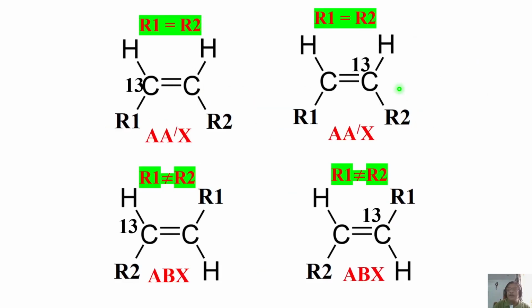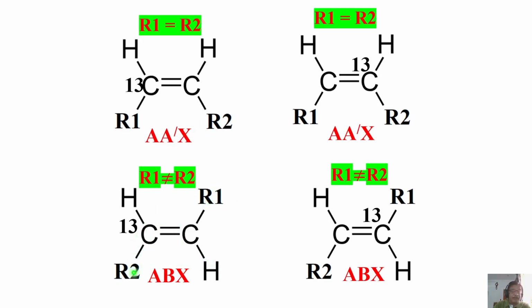This is one example. There are a number of such examples you can see. This can be AA prime X. If I take this molecule, R1 is equal to R2. In this molecule, let us say R1 is equal to R2 again. If I take this carbon-13 instead of this, again AA prime X. Consider this molecule, R1 is equal to R2. Consider this carbon. It can so happen, I'm sorry, R1 not equal to R2 here. Symmetry is already broken.